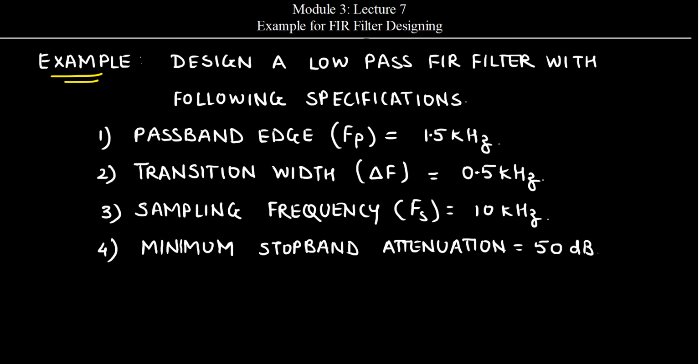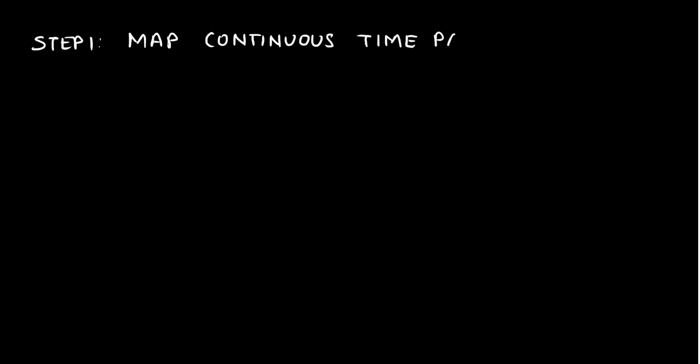So the step 1 is to map continuous time parameters to the discrete time parameters.